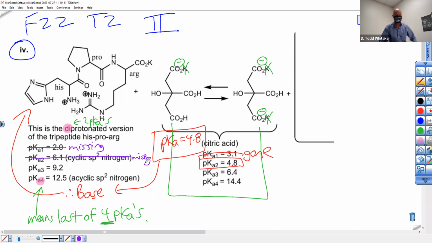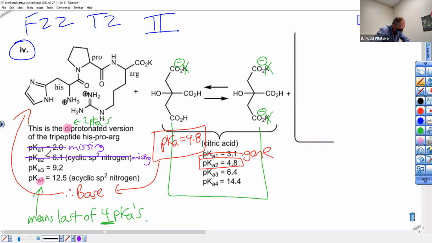Can we pretend we watched the last video and realize the last one that comes off is the first one back on? Instead of calculating all those pKb's and realizing it was the last one off that became the first one on, we proved that last video. Let's take advantage and save time. So it says when there's a proton on the sp2 nitrogen, the pKa will be 6.1.